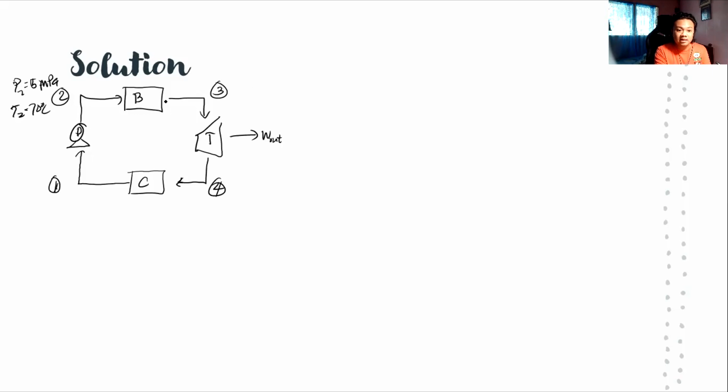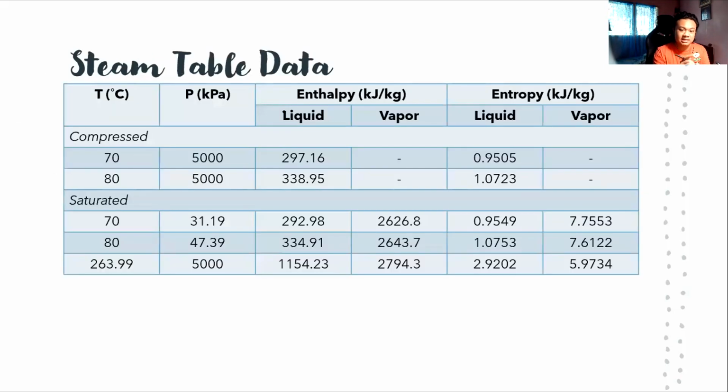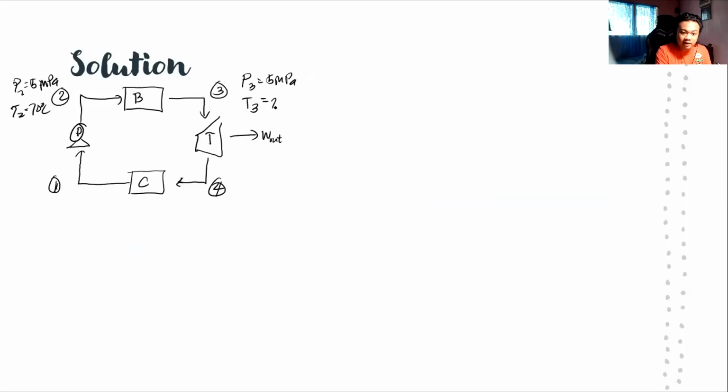And then after the boiler, we know that the pressure is still the same, but the temperature is increased. So if we see here in our steam table, it has reached 263.99 degrees Celsius. So let's record that there.